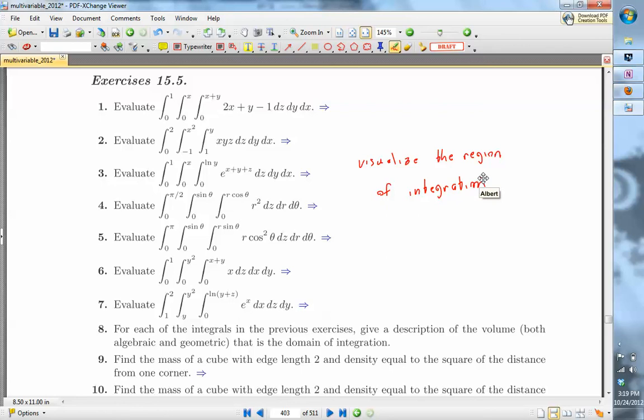Let's look at the second set of limits. The second set corresponds to y. So that says y is equal to -1 up to y is equal to x squared. So now you're in the xy plane, and y equals -1 is just this horizontal line. And y equals x squared is this parabola.